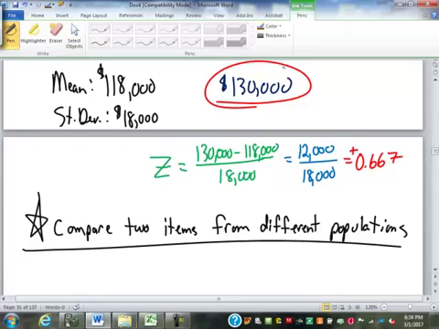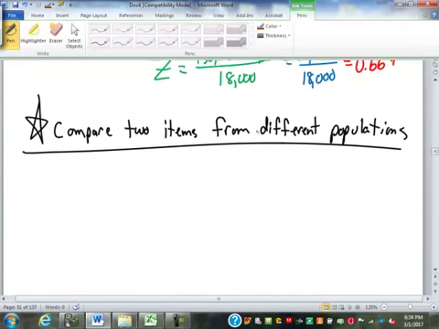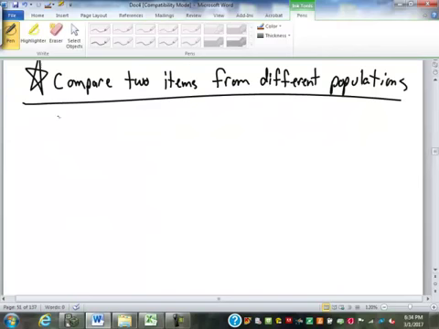What does that mean? Well, let me give you an example. Let's go back to buying a home again. And let's say you have two different areas you would like to move to.